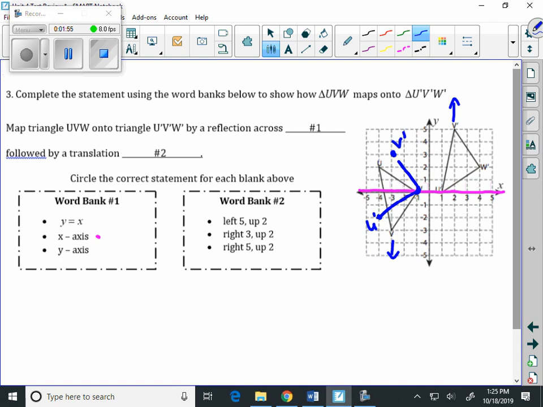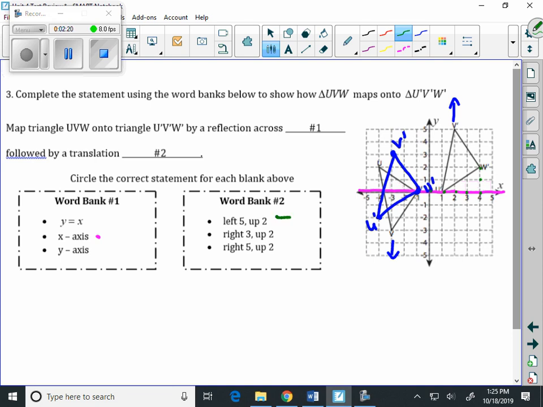Now that's in a format that I like because we've got V facing upward and W still in the same place. Then it says followed by a translation. Let's look at the W. We went 1, 2, 3, 4, 5 spaces left and up 2.